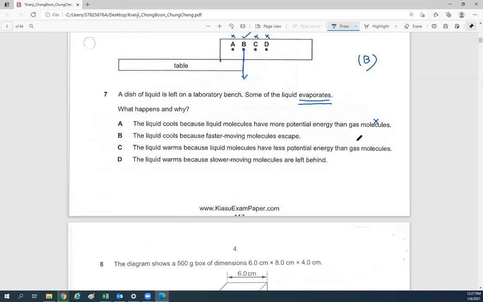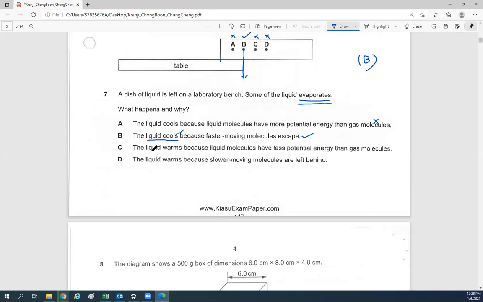That's not really why. Okay, the liquid cools because faster moving molecules escape. Yes. Okay. And since the faster moving molecules escape, the overall energy of the liquid will drop. That's why the liquid cools.